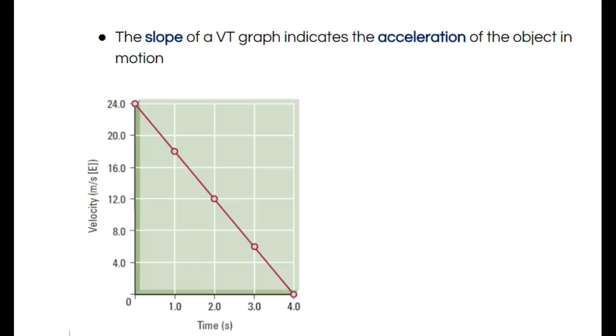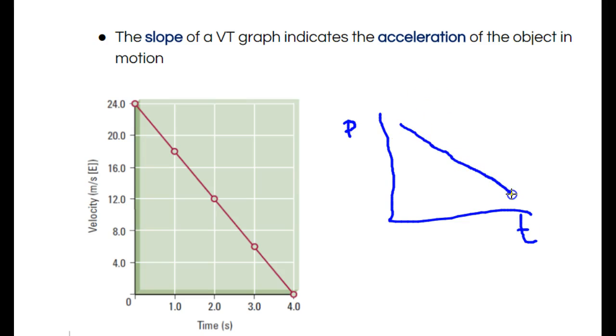So then what the heck is going on in this VT graph? Well, if we think about this in the same way as we would a PT graph, then we're going to misanalyze this graph. We're going to misinterpret it. Let me show you what I mean. If I were looking at a PT graph, let me just rough this out, and I saw a line with a negative slope, then I know that the object is moving in the opposite direction.